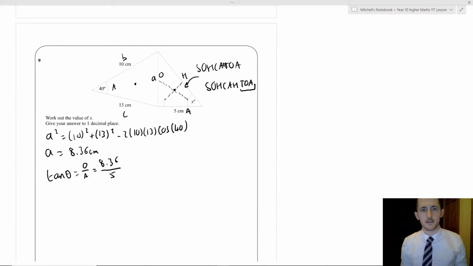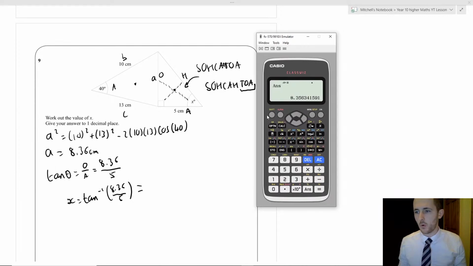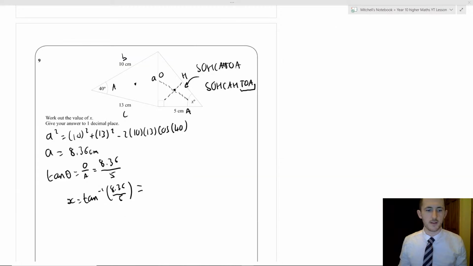Now, because we want the angle, not tan of the angle, we're going to also do the inverse tan, okay? So we can call it x if you want to. Tan inverse 8.36 over 5. Now on your calculators, you can just write 8.36 over 5, or you can just do shift tan, answer button over 5. You'll get the same answer, okay? To one decimal place, 59.1 degrees. That's it.